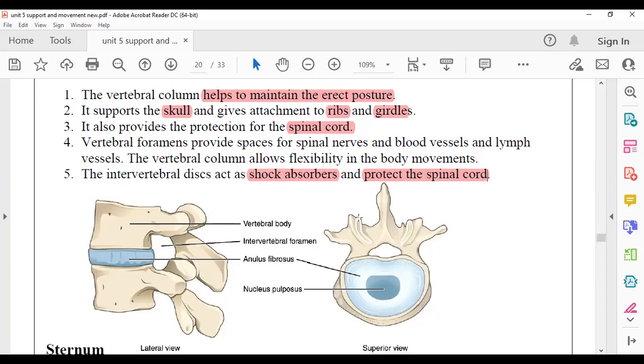Only one thing you want to know: it's a fibrous connective tissue that you studied under animal tissues. Here, two functions of it. What are the two functions? Act as shock absorbers and protect the spinal cord.